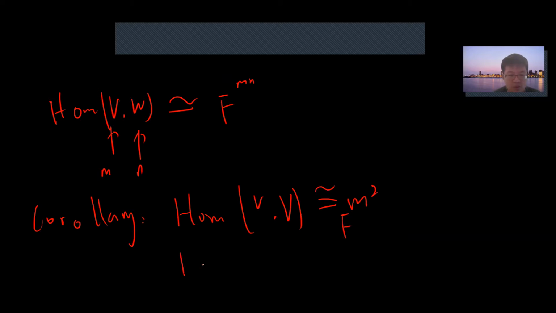And for Hom(V,F), once you view F as a one-dimensional vector space, it's just F, so the dimension is the same as V. It has a special name, so people like to state this as a definition: Hom(V,F) is called the dual space.